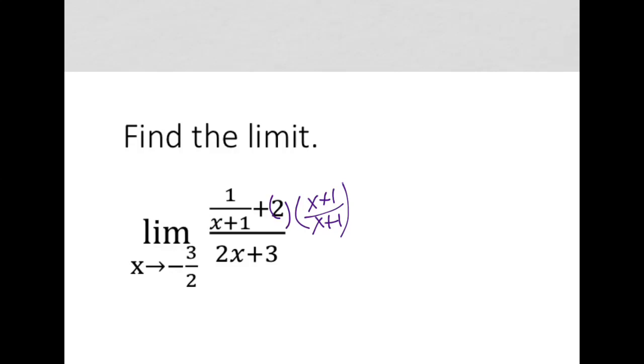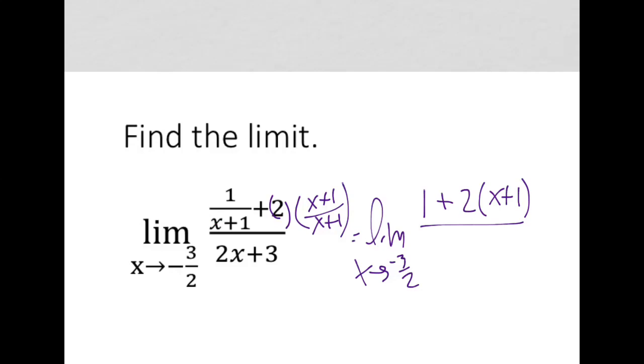So I'm going to get, well, maybe I'll leave that there, and we'll say limit as x approaches negative 3/2 of 1 plus 2 times x plus 1 over x plus 1 over 2x plus 3.